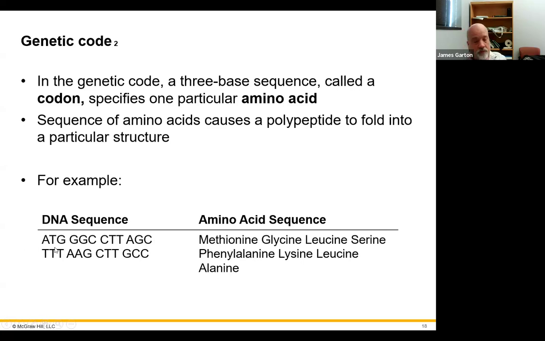Eventually, you will memorize most of them just based upon repetition. But there is a genetic code table. It has been translated. And if you're ever asked to take a DNA sequence and convert it into amino acid sequence, that table will be provided. And you just have to know how to use it.